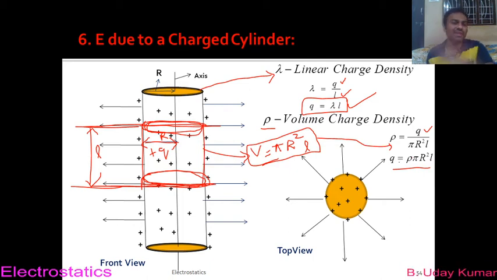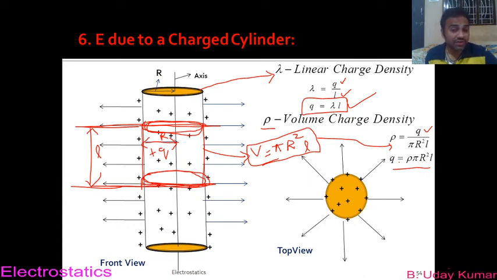So the explanation of our system of charge is completely done within this slide. First, what is a charged cylinder. Next, under what kind of charge distribution our system is coming: it is coming under linear charge distribution and also volume charge distribution.